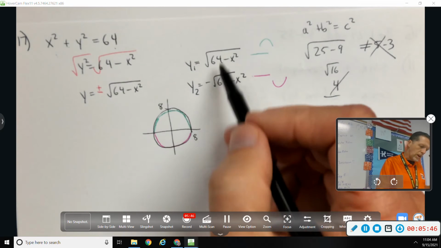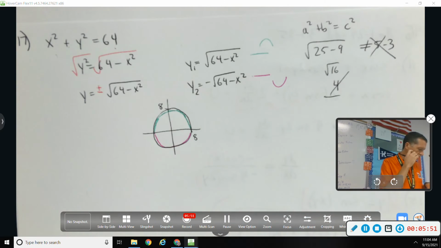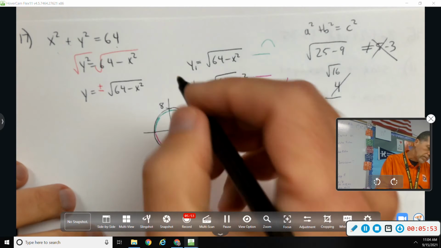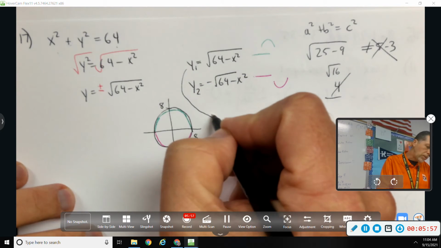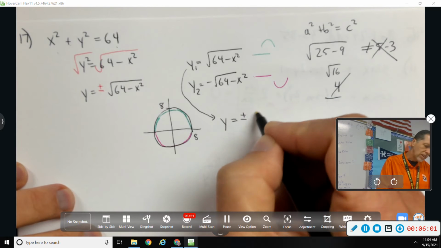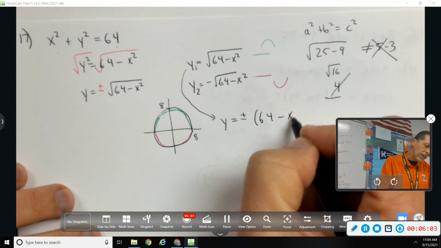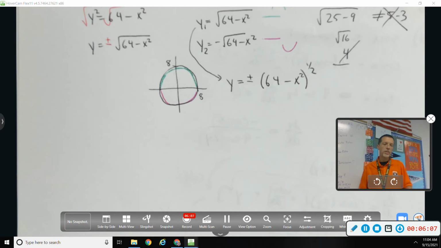So part A, part B. Part C, differentiate the explicit functions. So here's my explicit functions. It sounds like it would be two derivatives, but because the only thing is a plus minus, we'll just leave the plus minus on there and take a derivative with the plus minus on there.